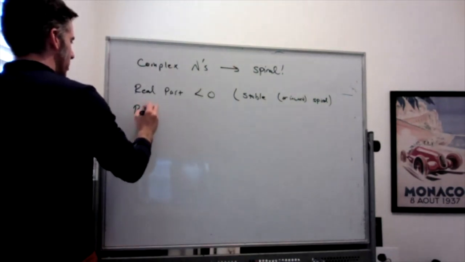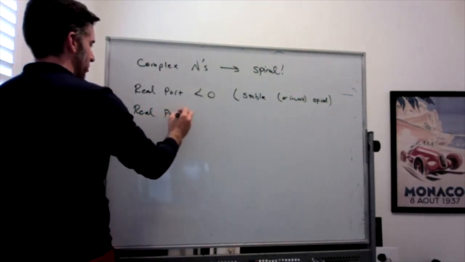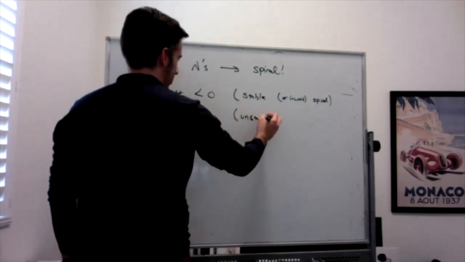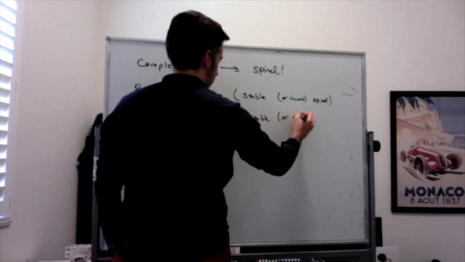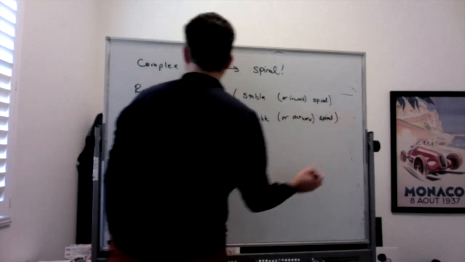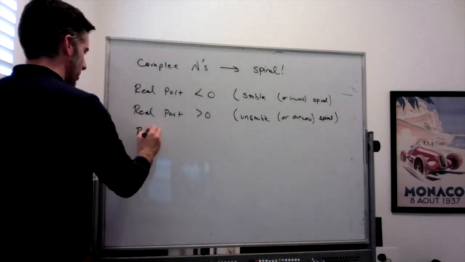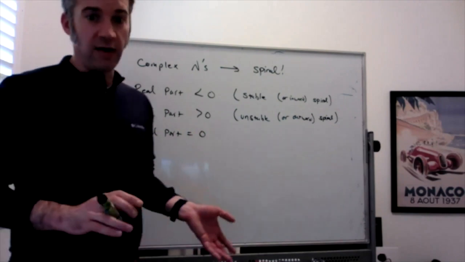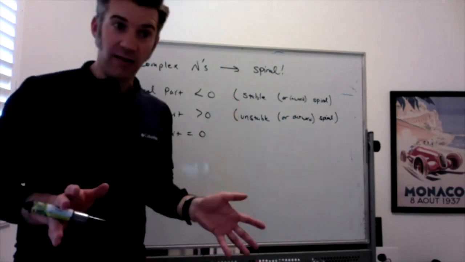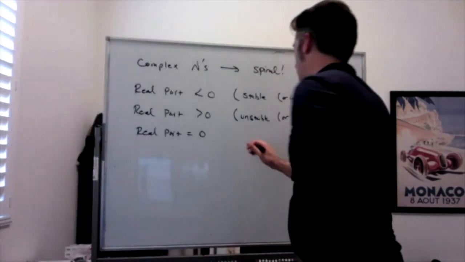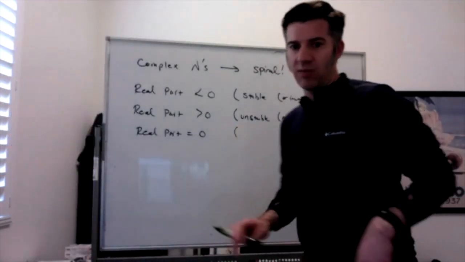If the real part is positive, you have an unstable or outward spiral. And I always forget the name for this last one. If the real part is just equal to 0, meaning your eigenvalues are like 3i and negative 3i, and there's no real part added to it, then you have, oh God, what's the word?